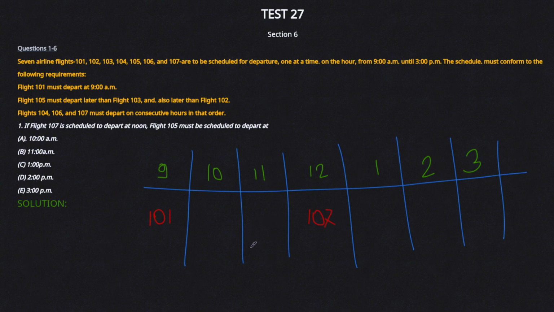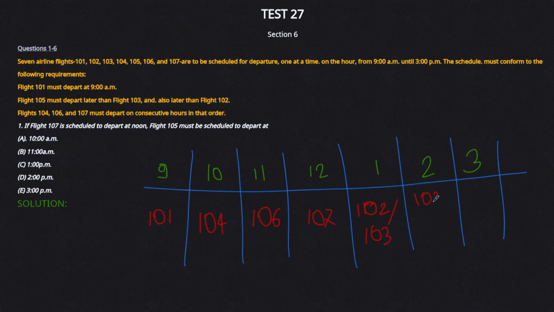Now let's see what else we are working with here. We know 104, 106, and 107 have to be consecutive. So here we have 104, here we have 106 and then 107. And the last condition we know is 105 has to leave later than 103 and 102. So in these two empty boxes, 103 or 102 will go.